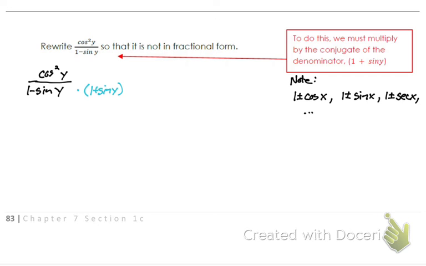I'm creating that square, knowing that when I square 1, 1 just stays 1, so all I get is the square I want. Now, am I allowed to just multiply the denominator by something? No, I have to do the top and bottom. So what goes on the bottom goes to the top as well. We're going to have 1 plus sine theta on top.